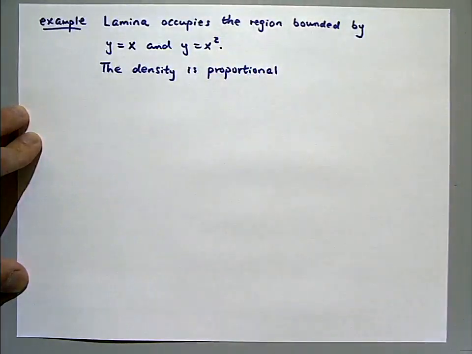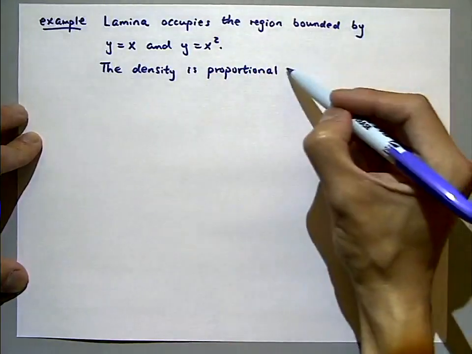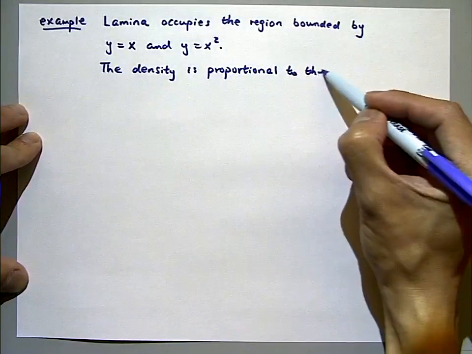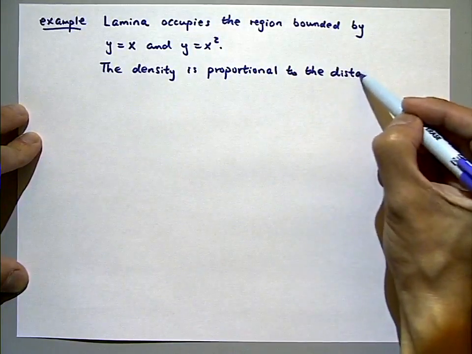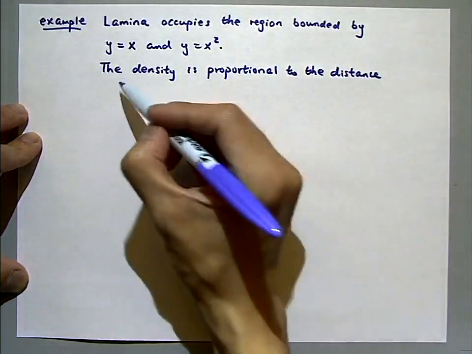The density of this plate is proportional to the distance from the y-axis.